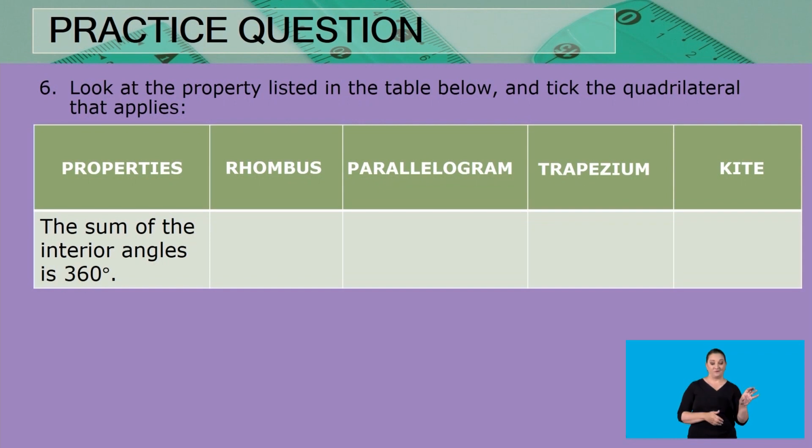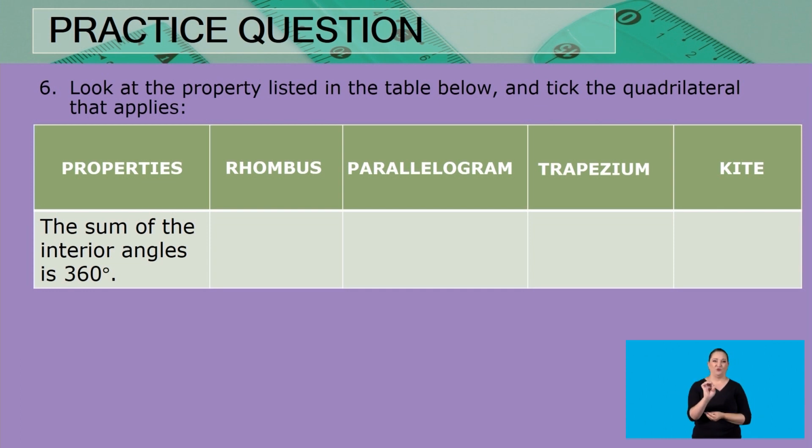Let's look at the last property that we need to identify in those quadrilaterals. It says there, the sum of the interior angles is 360 degrees.